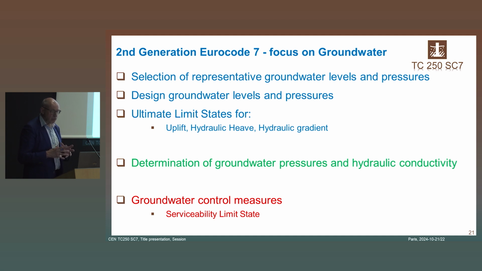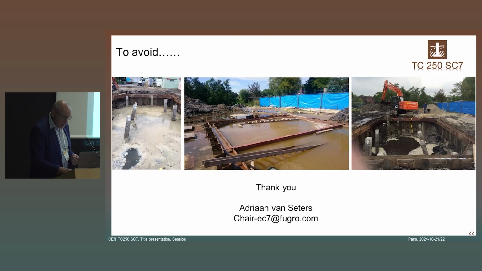Part 2 gives you how you can determine those pressures and the hydraulic conductivity, and Part 3 gives you the groundwater control measures. And that, I think we all do because we want to avoid situations like this occurring.